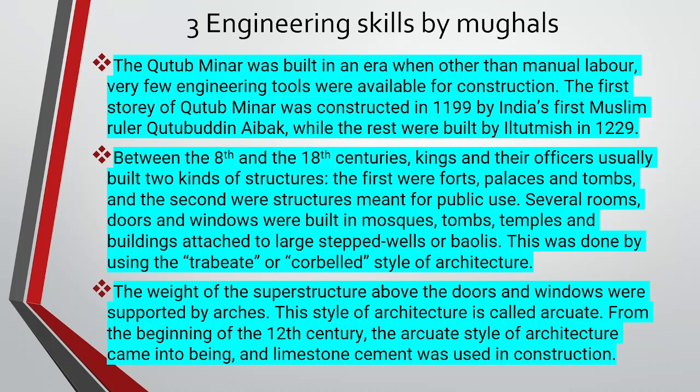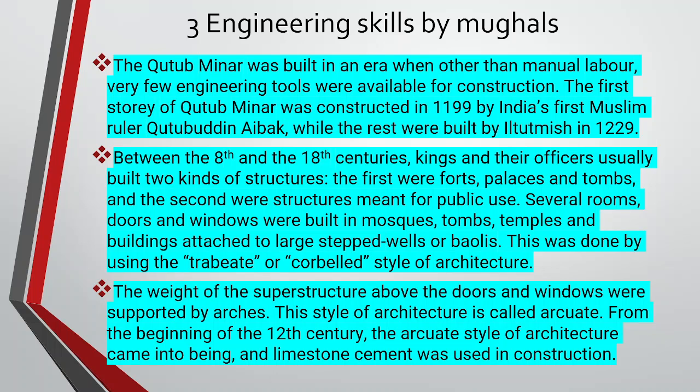Several rooms, doors and windows were built in mosques, tombs, temples and buildings attached to large steps, wells or tanks. This was done using the trabeate or beam style of architecture.